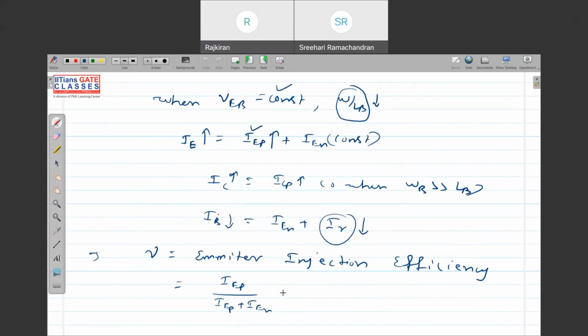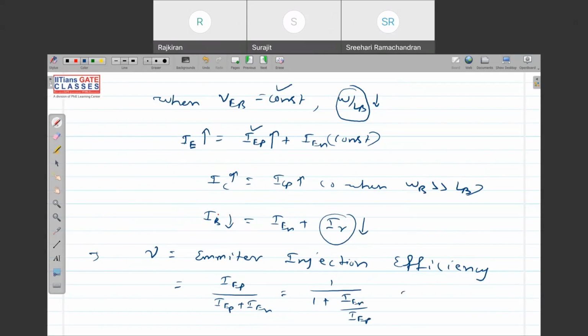So it equals 1 by 1 plus IN by IEP, where IN is proportional to WB by LB. WB by LB is reducing. What happened to IN? It is constant, I told you IN is constant, while IEP is increasing.